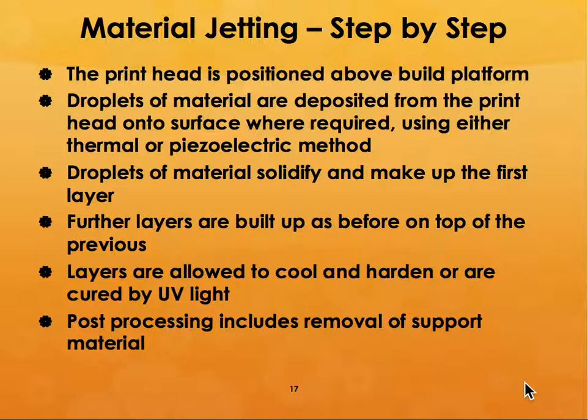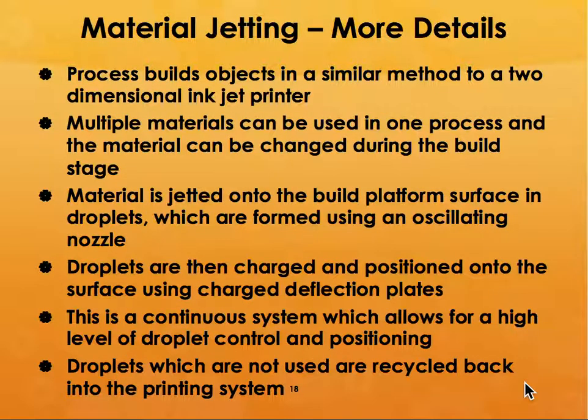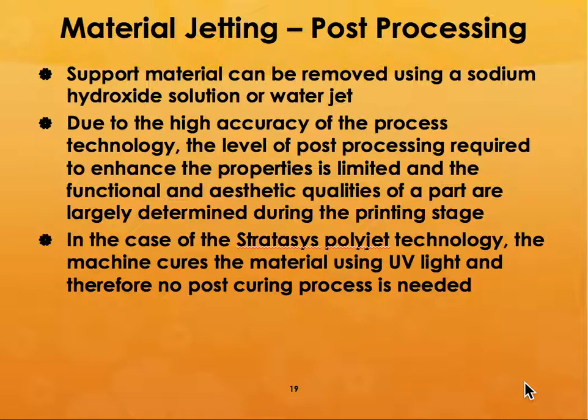The layers are allowed to cool and harden using UV light, and the post-processing includes the removal of support material. There are more details here, I won't go over every one of them. Essentially, you have to have post-processing just like the stereolithography process.